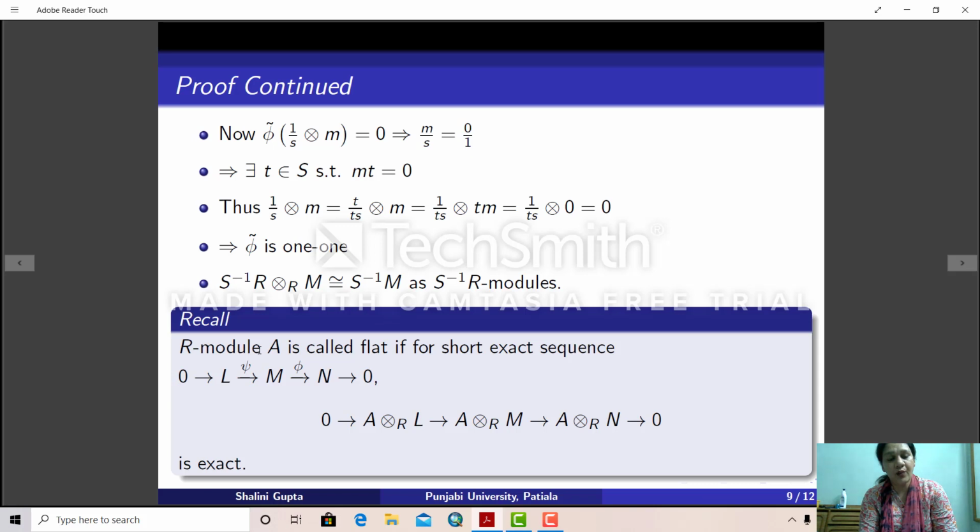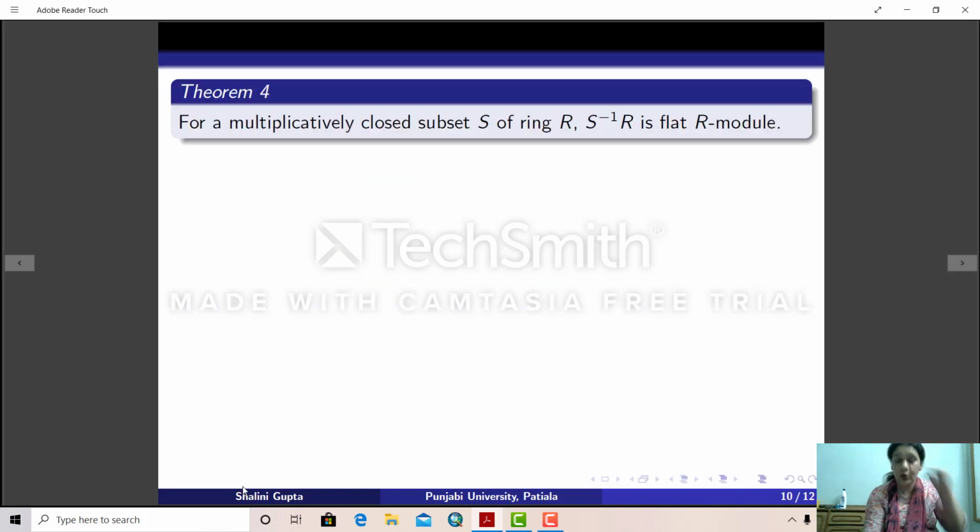So an R module A is called flat if for every short exact sequence of R modules, if we take the tensor product by A, the resulting sequence also turns out to be exact. Now, we will show that if S is a multiplicatively closed subset of ring R, then S inverse R is a flat R module.